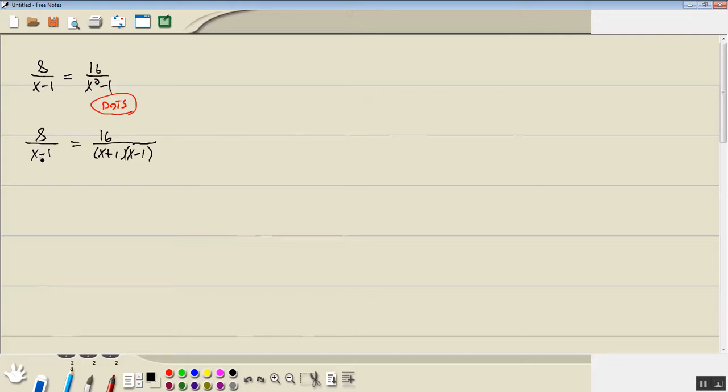I'm looking for the greatest number of x minus 1s in a single denominator. So 1 here, 1 here. So the greatest number is 1. Now I go to my next factor, looking for the greatest number of x plus 1s in a single denominator. There's none here, there's 1 here, so the greatest number is 1. That'd be our LCM, and we'll multiply both sides by that.